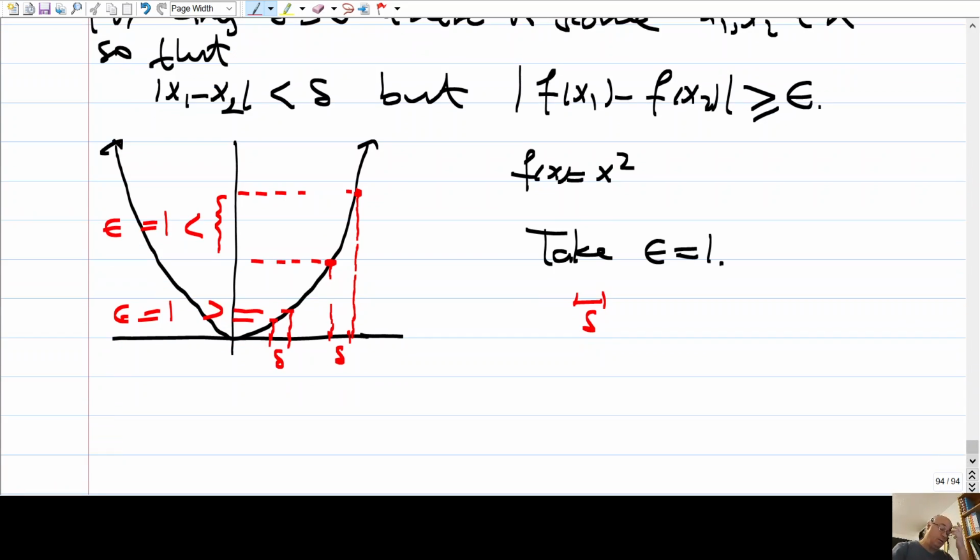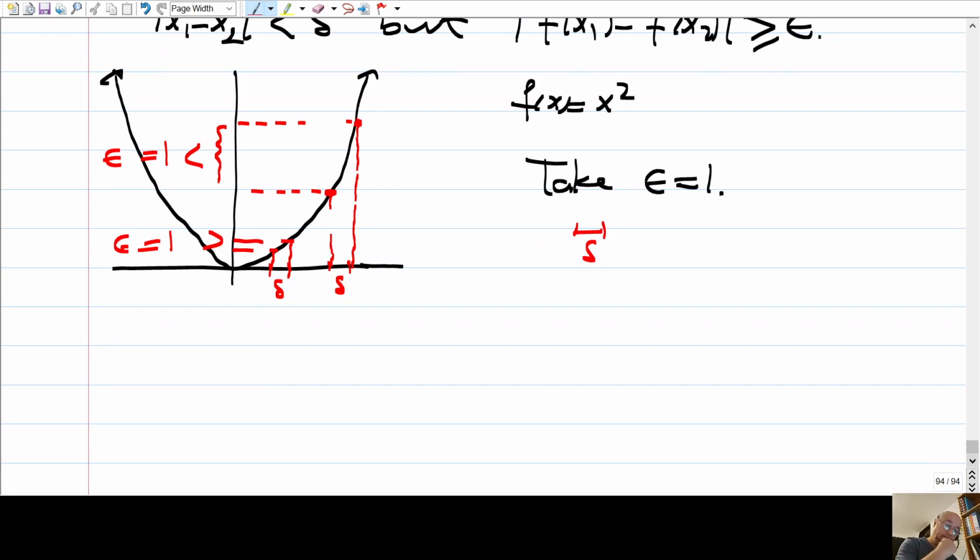So I took epsilon equals 1. Let any delta positive be given.